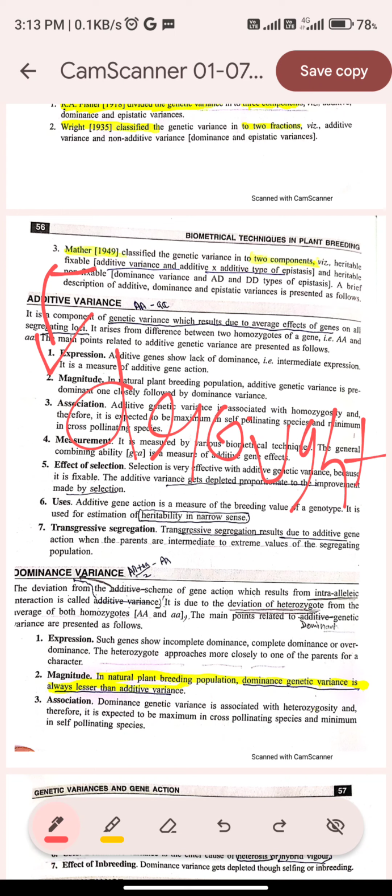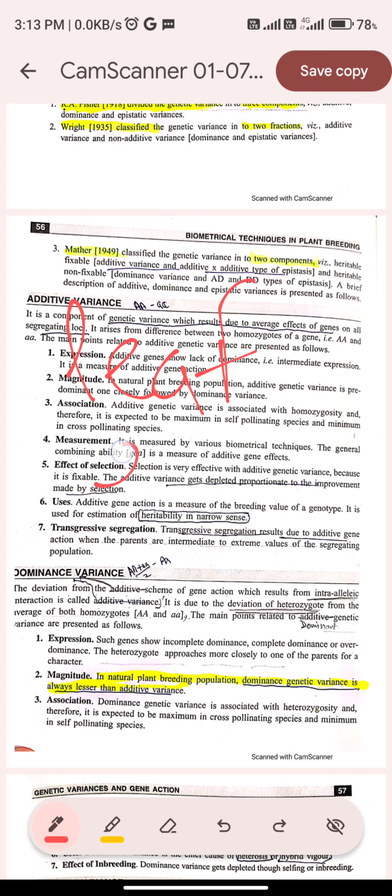For drought resistance in plants, mainly we can say leaf rolling is the character. Now if you are seeing leaf rolling as a character and it is passing from one generation to another generation, that is heritable.